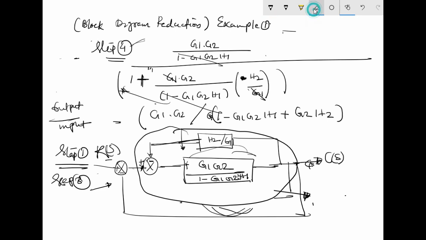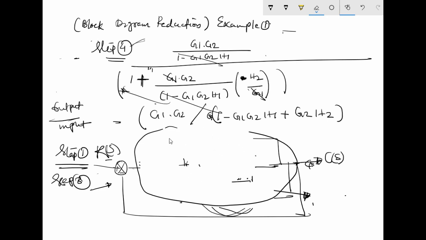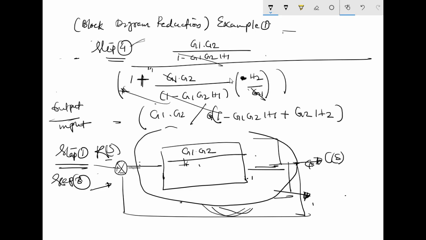So now I can erase this and what I can write instead of that is G1 into G2 divided by 1 minus G1 G2 H1 plus G2 H2.